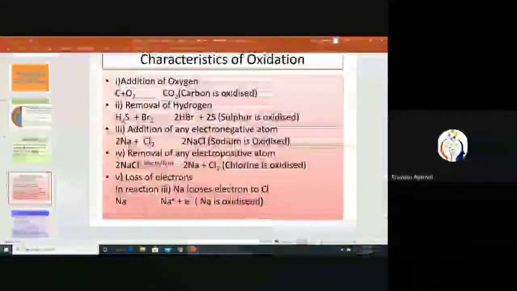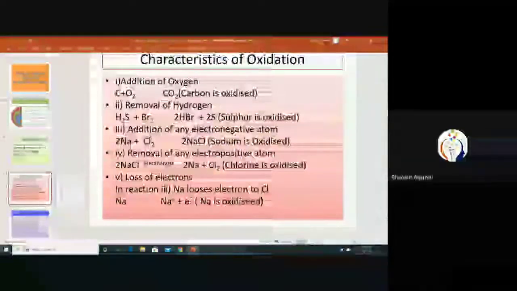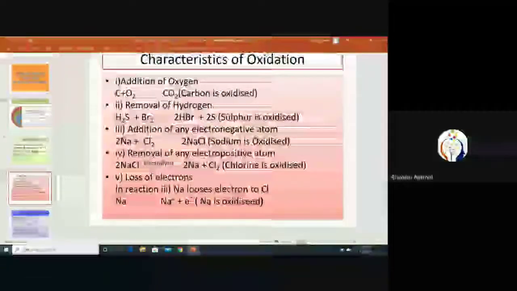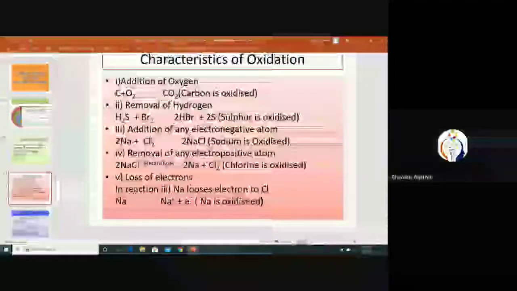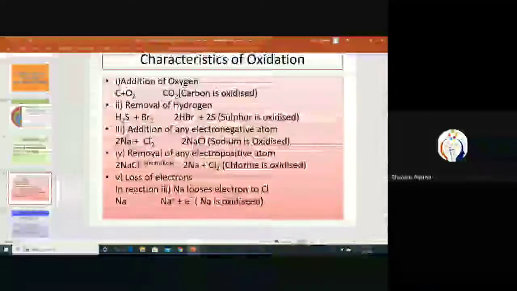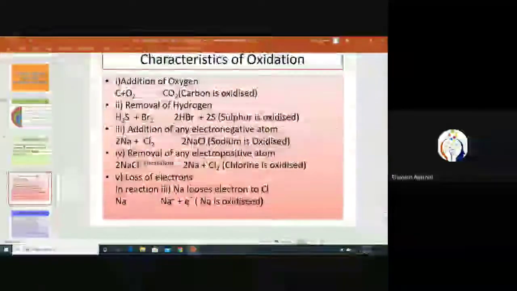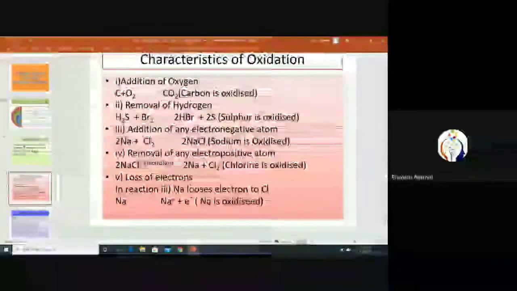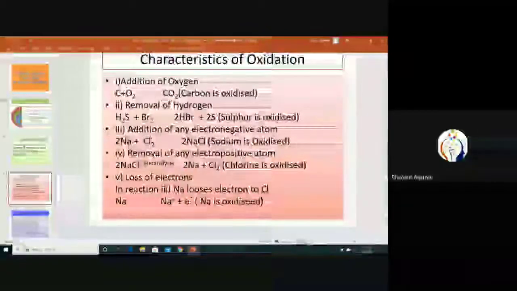Again, just have a look at the third reaction. Sodium changes to sodium chloride. You already know in the elemental state the charge is 0, but when the atom combines with another atom, it acquires some charge. So in this reaction, sodium gets converted to sodium ion, or it acquires a positive charge by losing an electron.